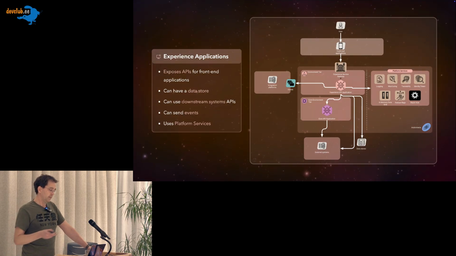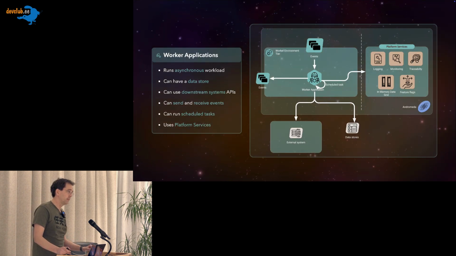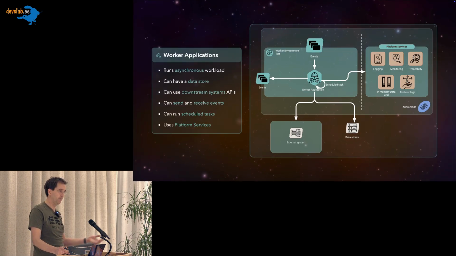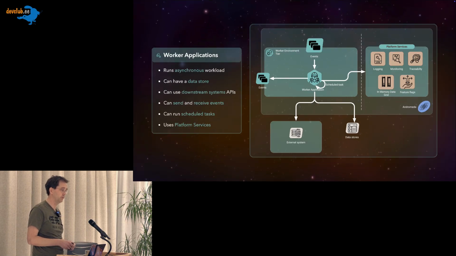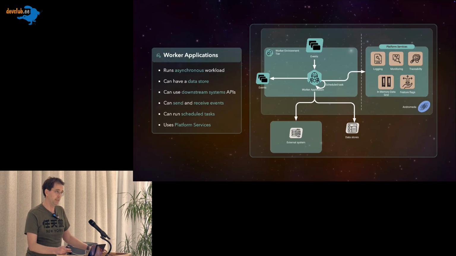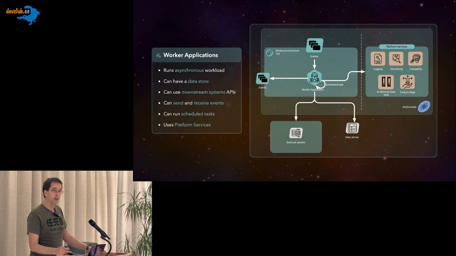And then the last little small part is just a worker application. It doesn't have any API. It just does things asynchronously. It can be scheduled things. It can be waking up when an event is happening, processing that, and calling some other system to do something. So that's the three building blocks that all people are building, no matter if it's card payments or the channels or whatever.